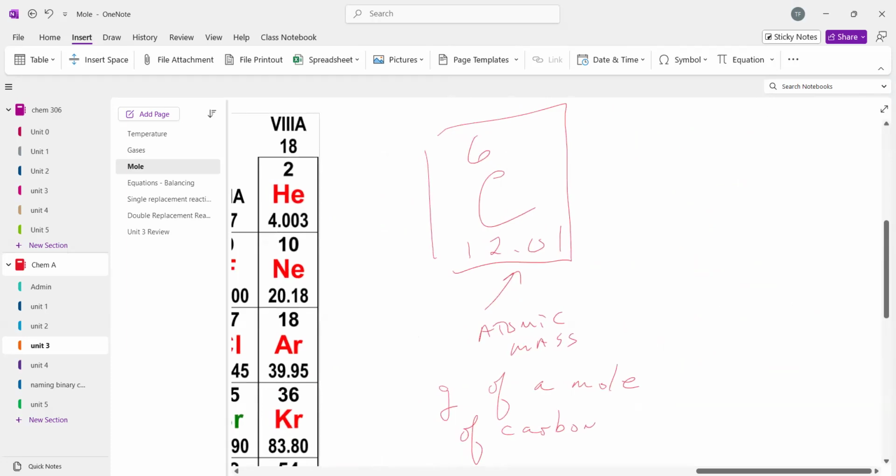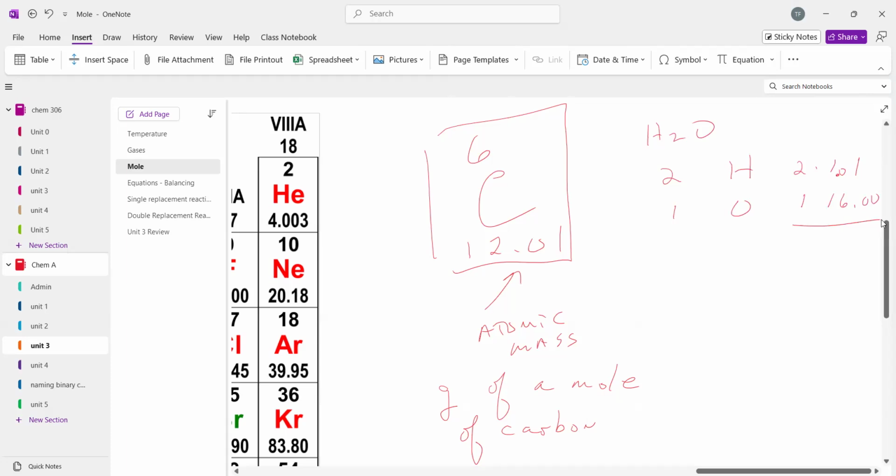So for example, if we had water, we would take the molar mass for water.